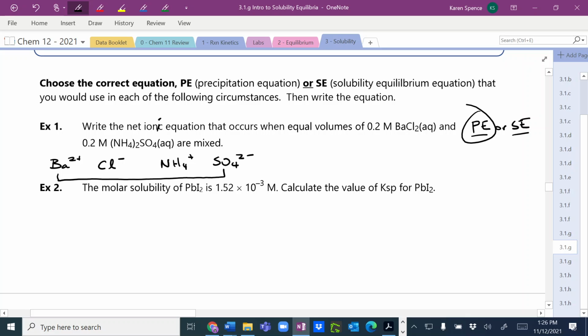Barium sulfate, is that soluble or low solubility? Low solubility. Okay, so barium and sulfate are low solubility. How about our NH4 and our Cl? Those are soluble. So if we were to do our net ionic equation the quick way, what would we put as our product?